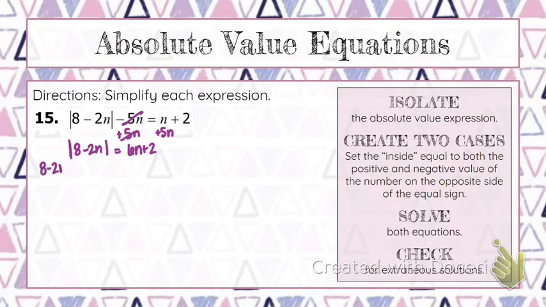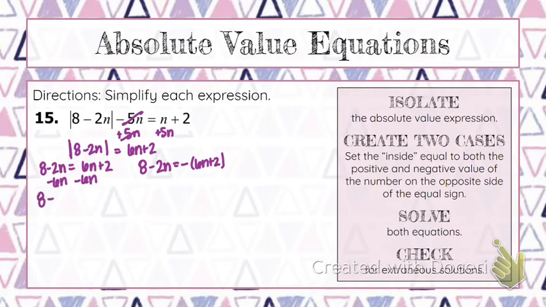So 8 minus 2n equals 6n plus 2, and 8 minus 2n equals negative 6n plus 2. On the left side, we're going to subtract 6n from both sides.